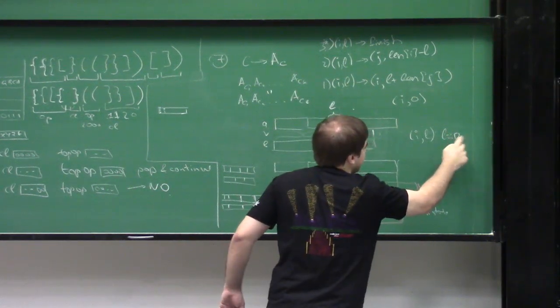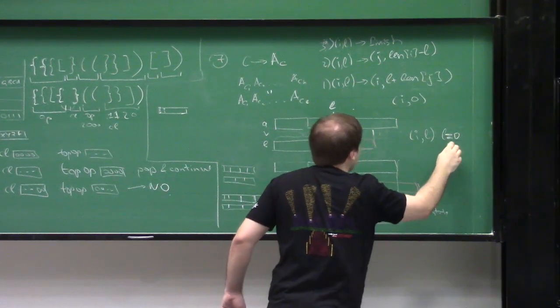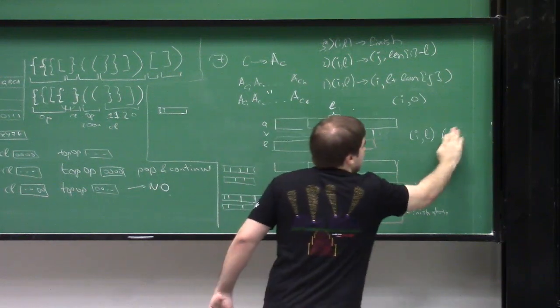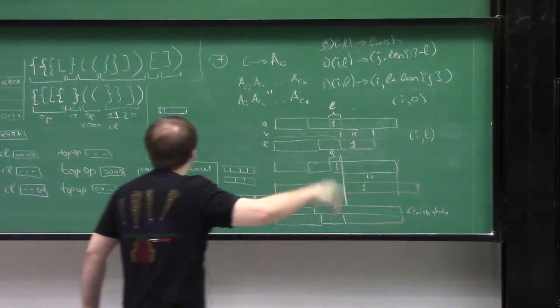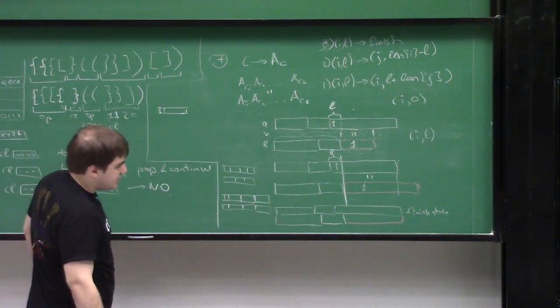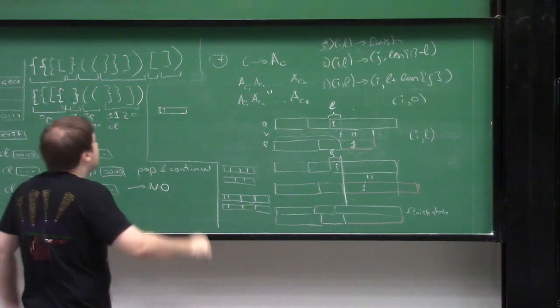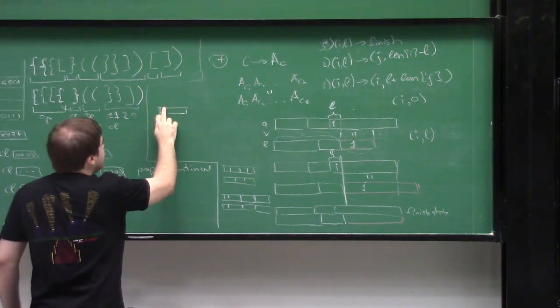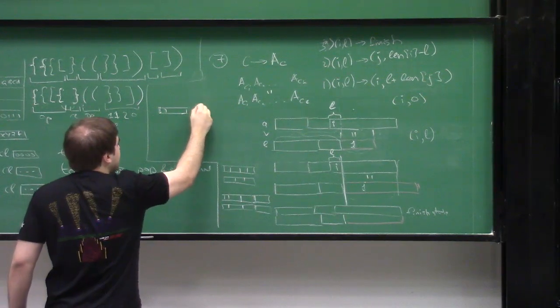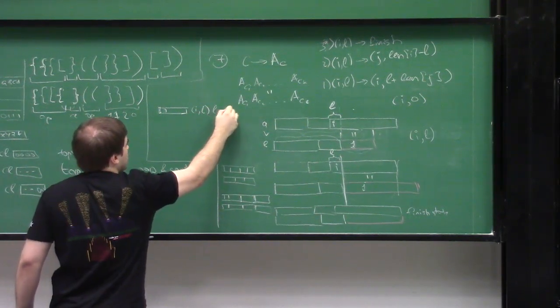Okay, let's say that L is allowed to be 0, whatever. We'll just see if this works. So let's say that all the start states are exactly the states of form I L where L equals 0.